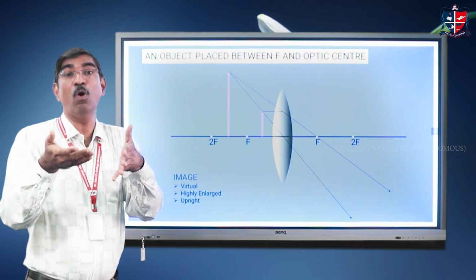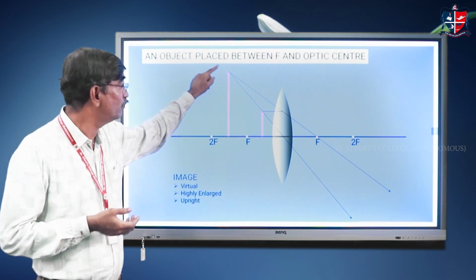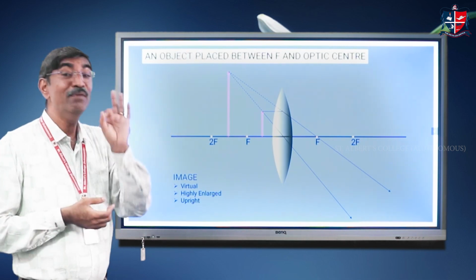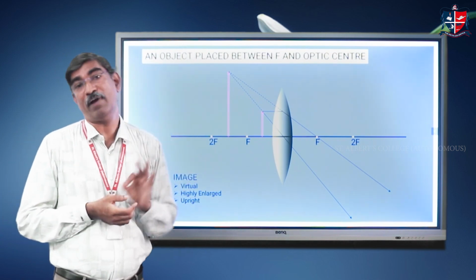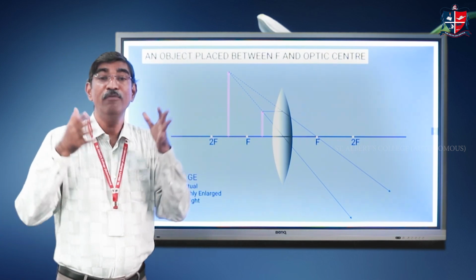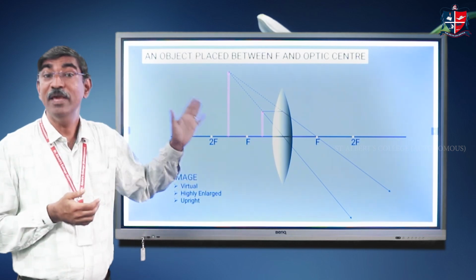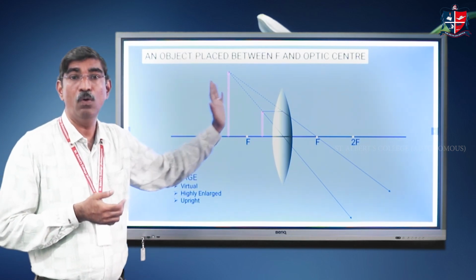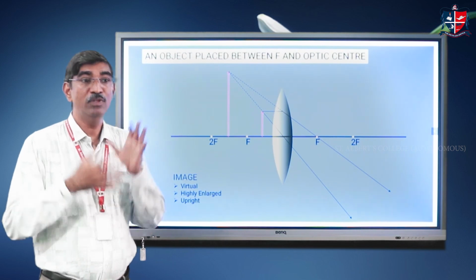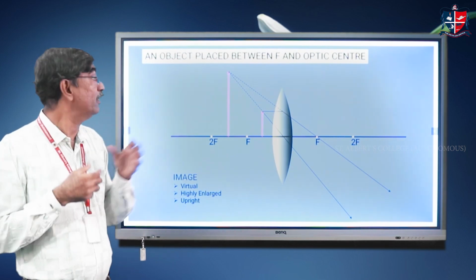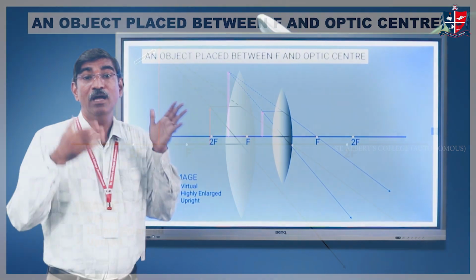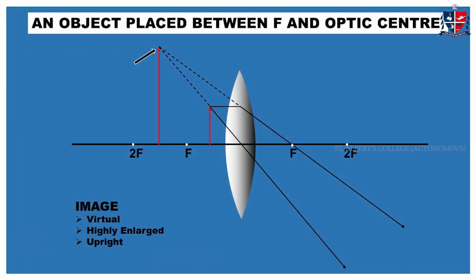It appears only to come from this point. Then the image is highly magnified. Here we get the maximum magnification and the image is upright also. So these are the different positions at which we can place the object.